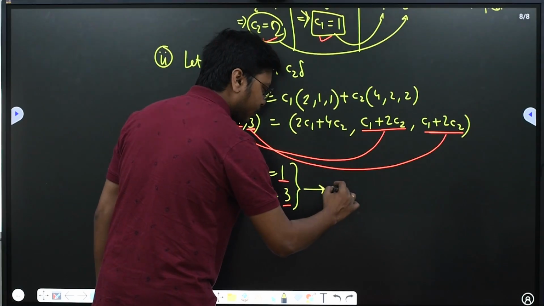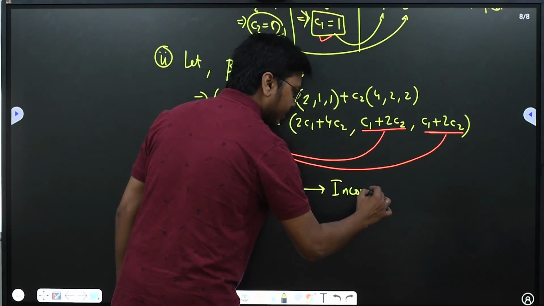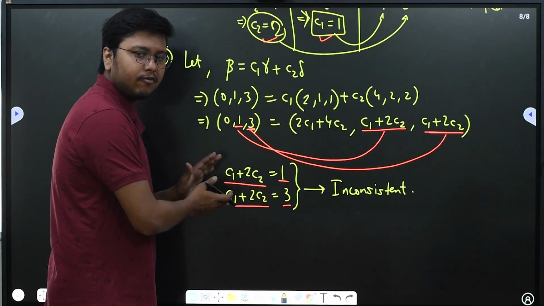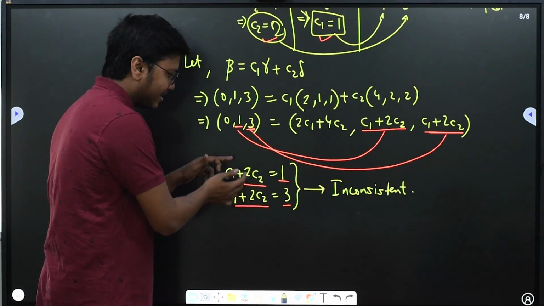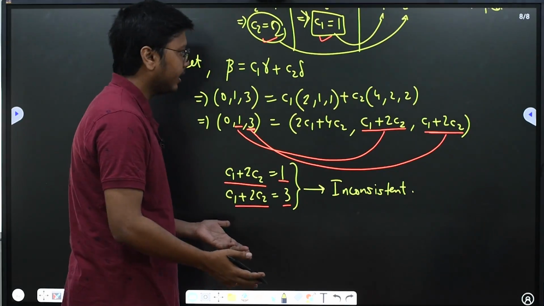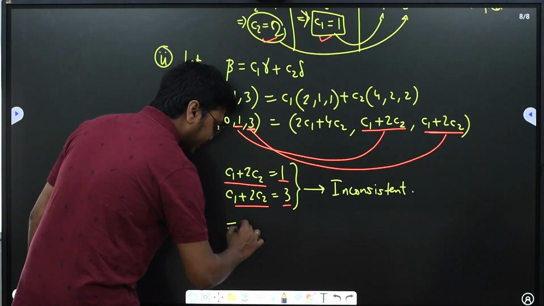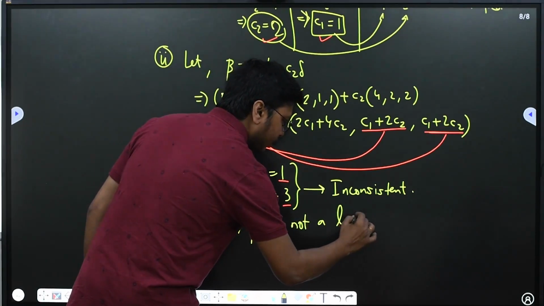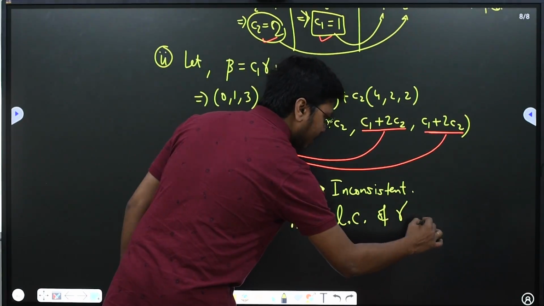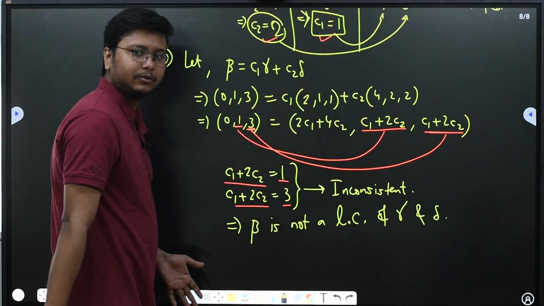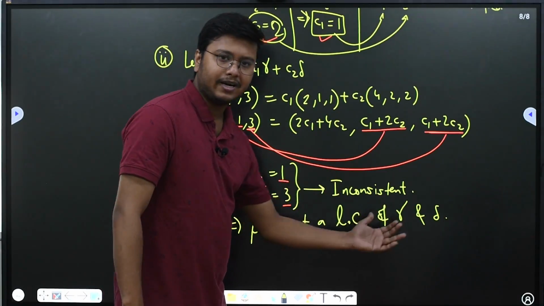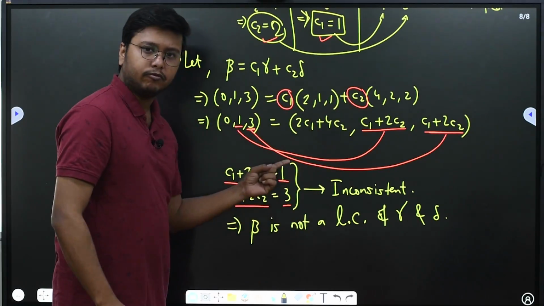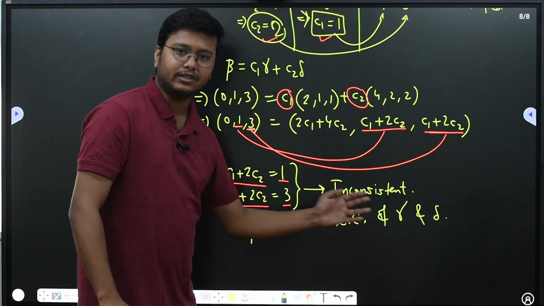So this system of equations is inconsistent. That means no possible real values of C1 and C2 exist such that both these equations can be satisfied. Hence the conclusion is that beta is not a linear combination of gamma and delta. We cannot express beta as a linear combination of gamma and delta because such constant values are not possible to find, as we are facing an inconsistency.